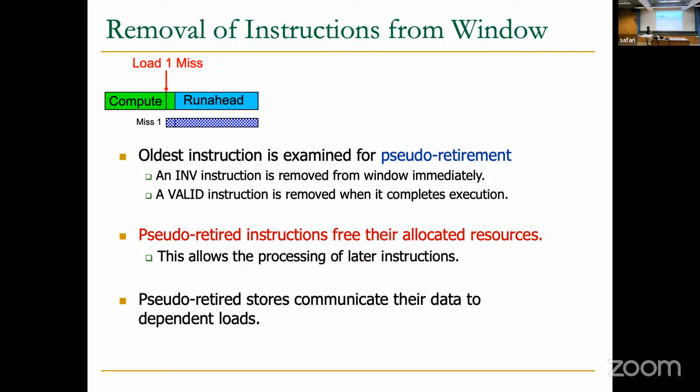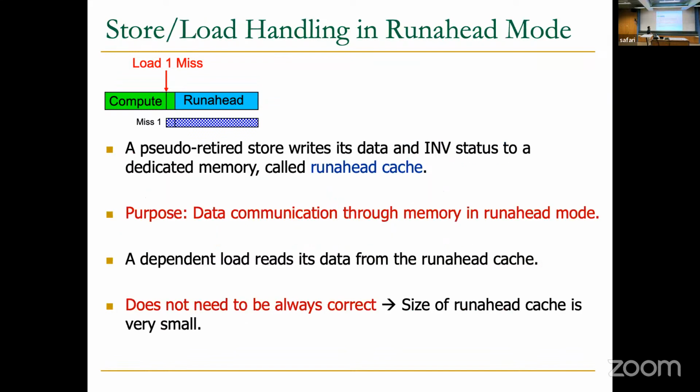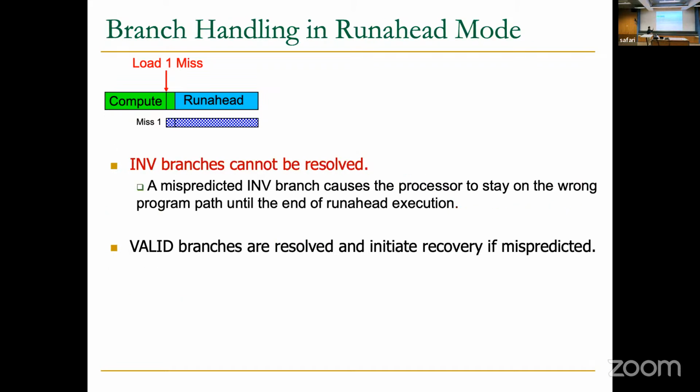So that's the thing. And then pseudo-retired instructions are free to release their allocated resources. Obviously, when you come out of this, you would free the resources, because now the main execution thread would go in, right? And then there are some other techniques to communicate these dependent loads also, which I'm not going to go too much into detail because they require much more thought.